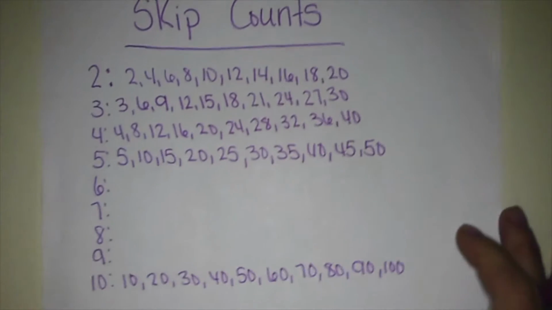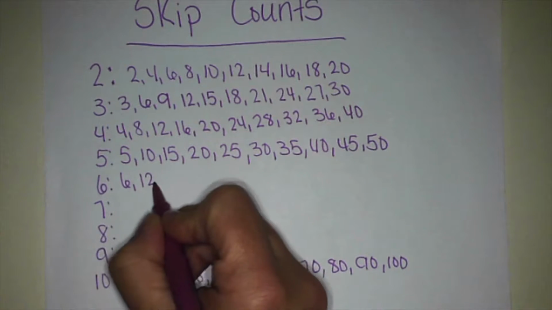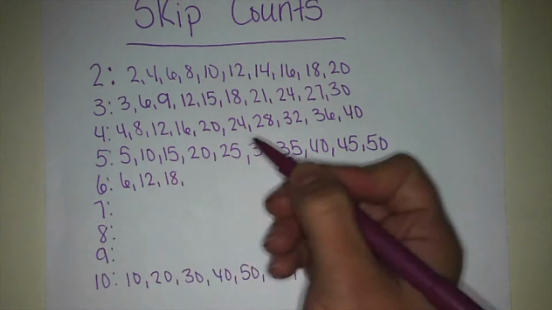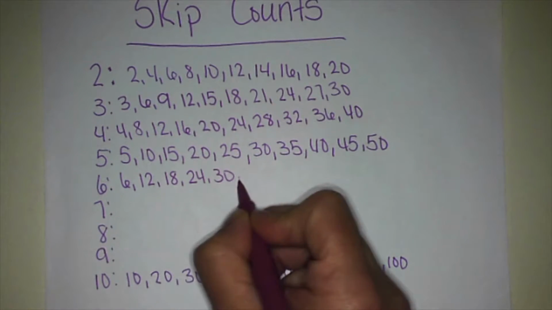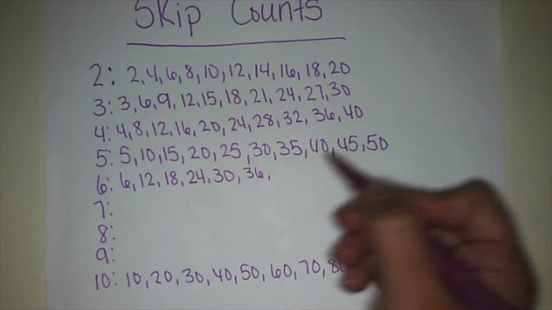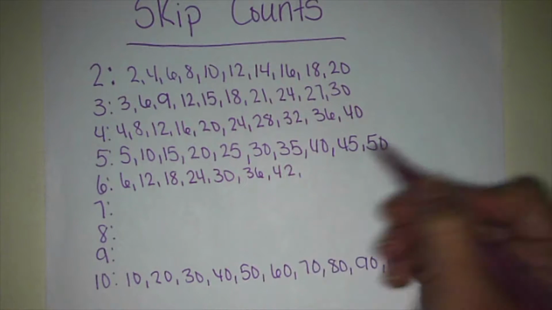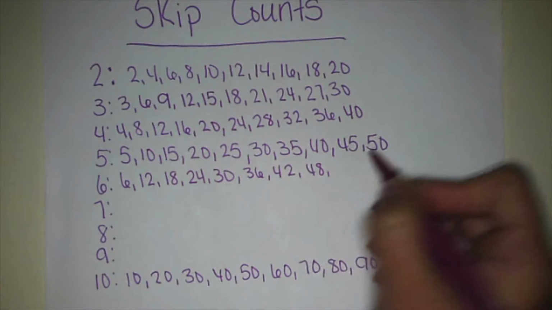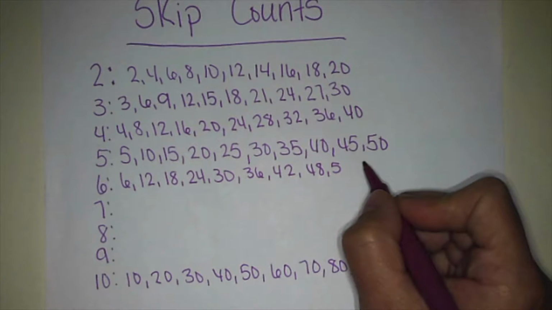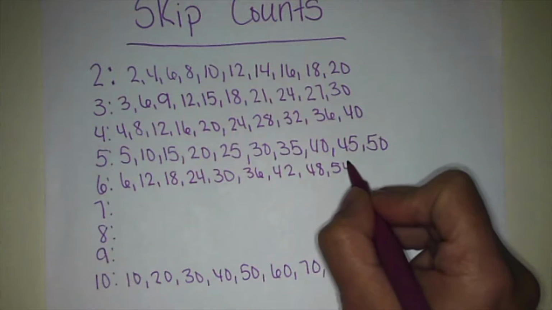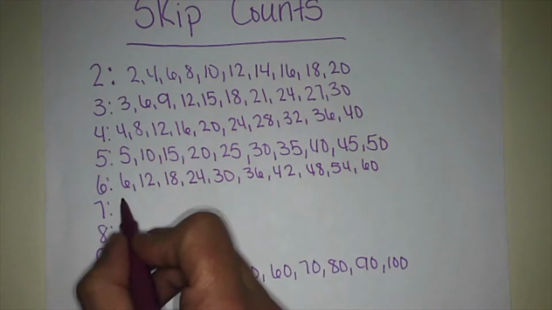We go on, we can do a 6 skip count. 6, 12, 18, 24, 30, 36, 42, 48, 54, 60.